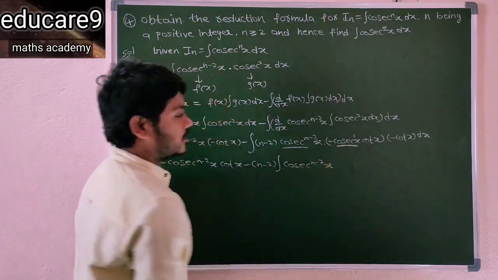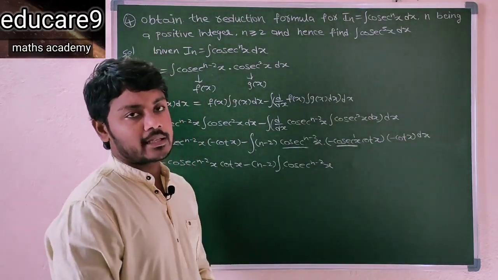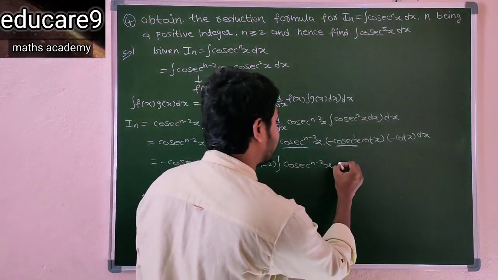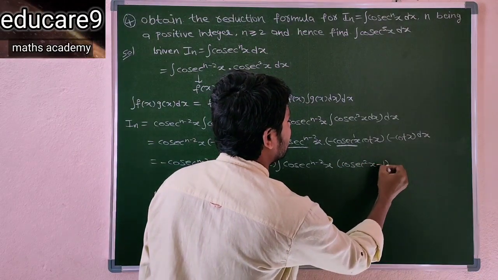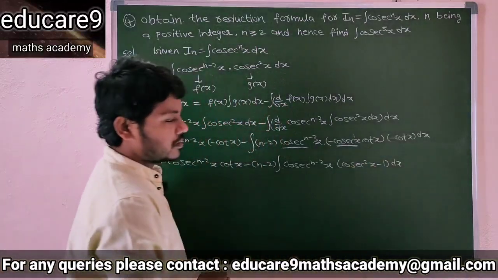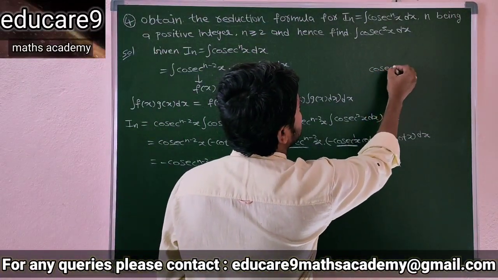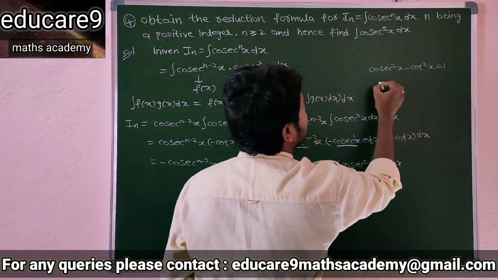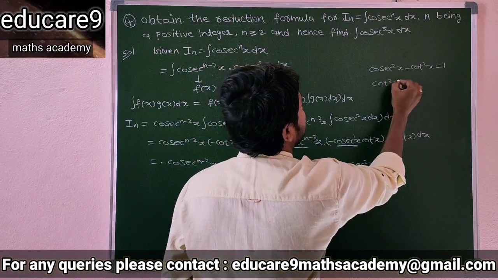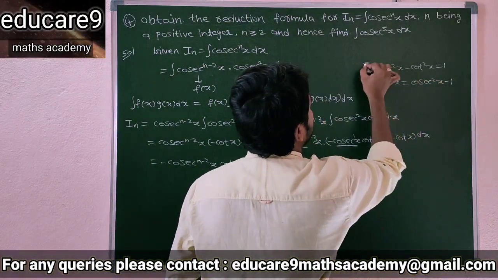These are two terms, and cot x into cot x is cot square x. That cot square x, write as cosec square x minus 1 dx. Since cosec square x minus cot square x is equal to 1, cot square x can be written as cosec square x minus 1.